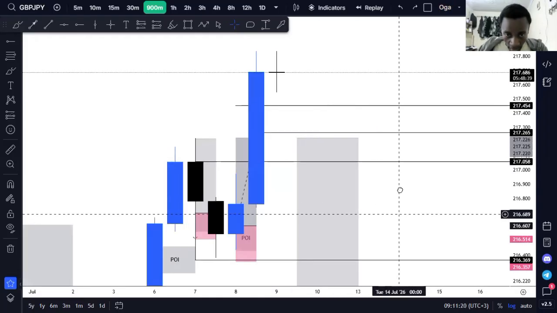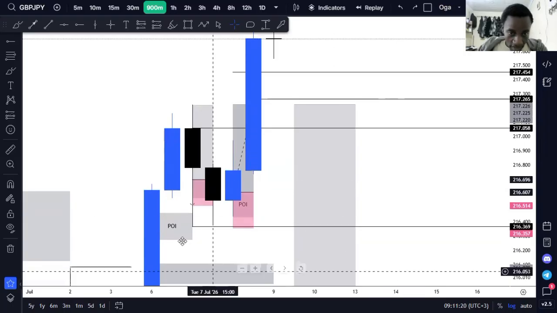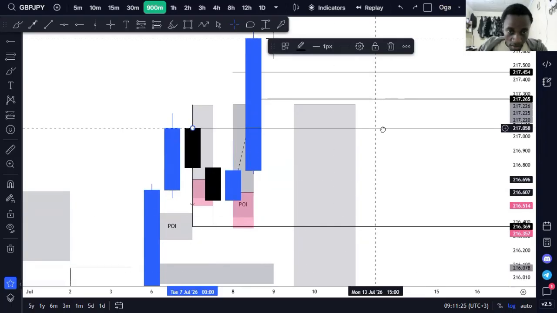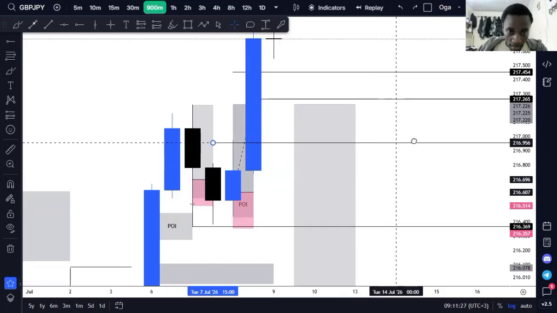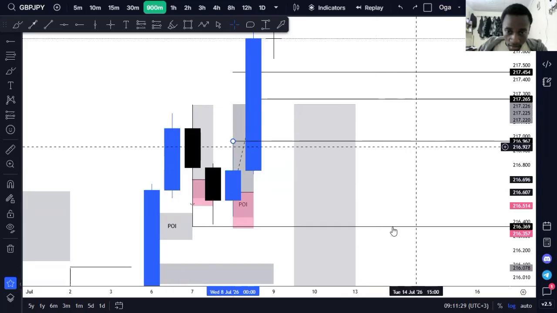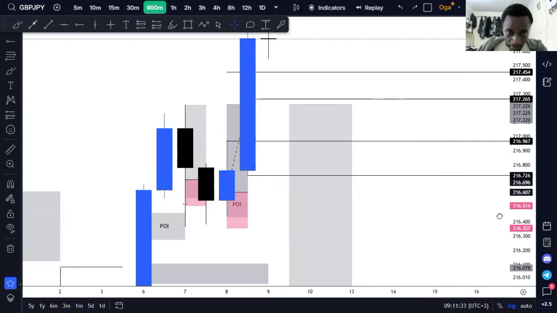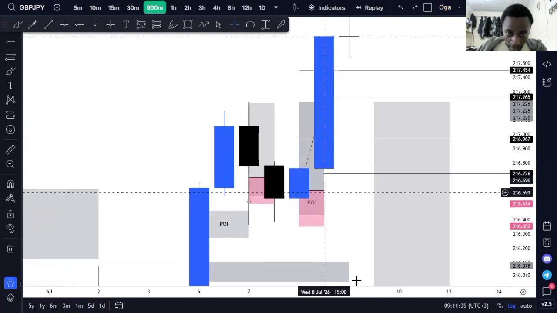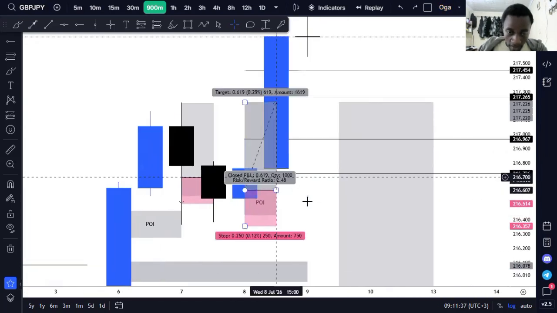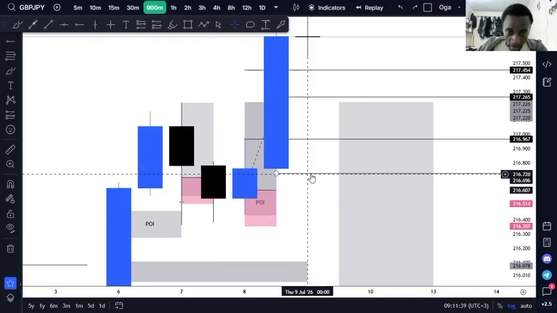Okay, we also have an area here. So instead of using this whole area, I'll just adjust the line to this weak overlap. It could also be a valid one if price is going to pull back to the area.